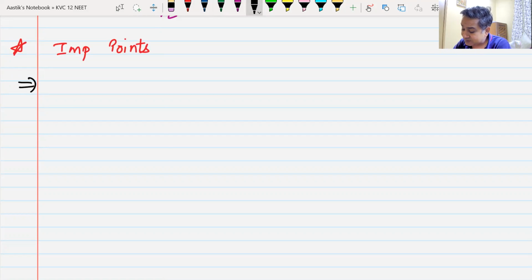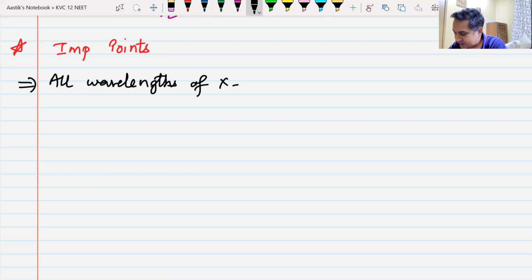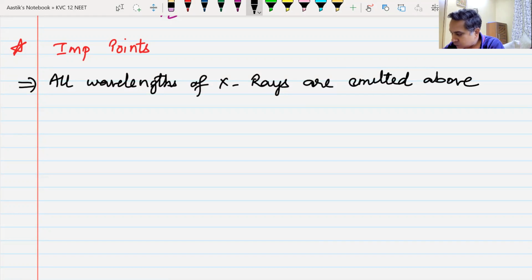For continuous X-rays, all wavelengths of X-rays are emitted above what value? Lambda min. Do we understand this?